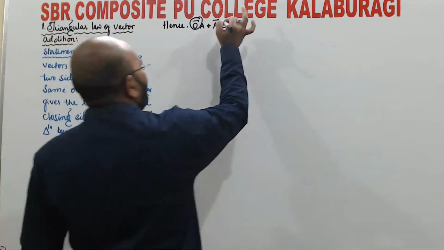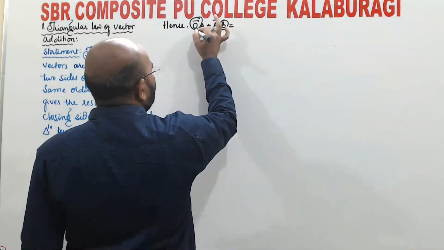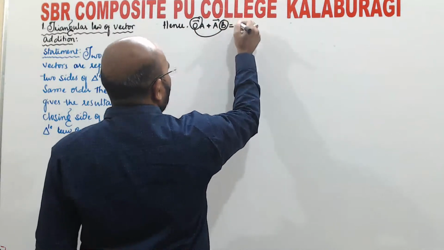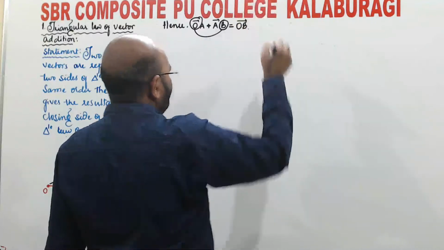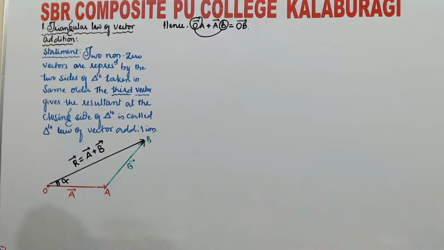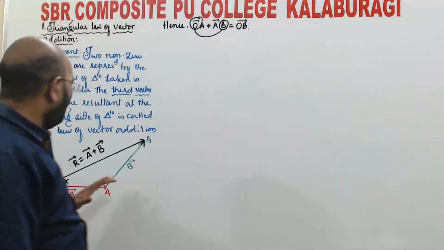This has both magnitude as well as direction. So this will be read as the resultant of two vectors.